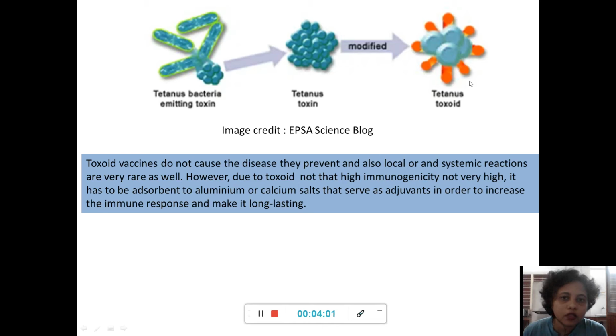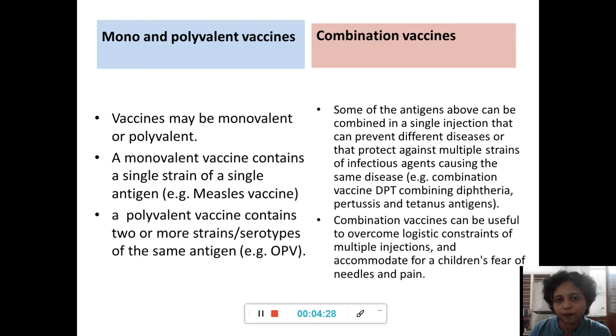An adjuvant is a substance which increases the immunogenicity of a vaccine. So calcium or aluminum salts are used as adjuvants along with the toxoids, and thus the immune response is increased and also made long lasting.